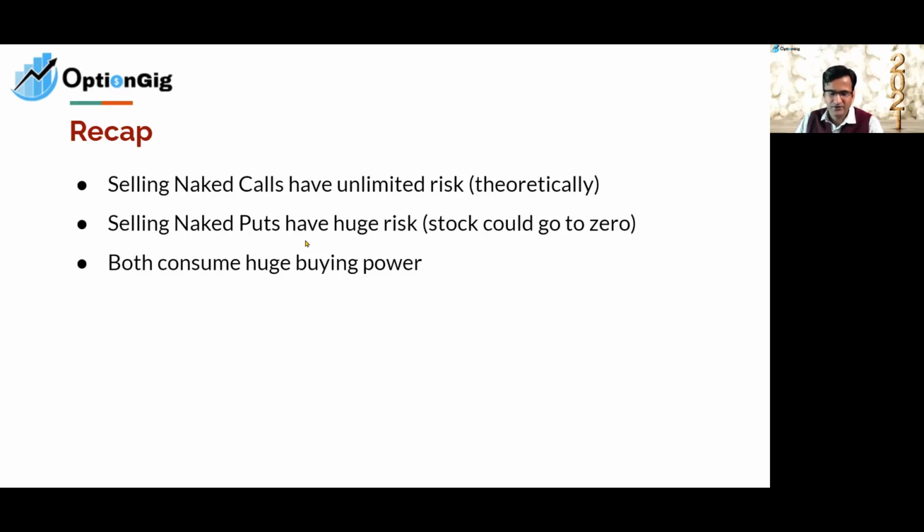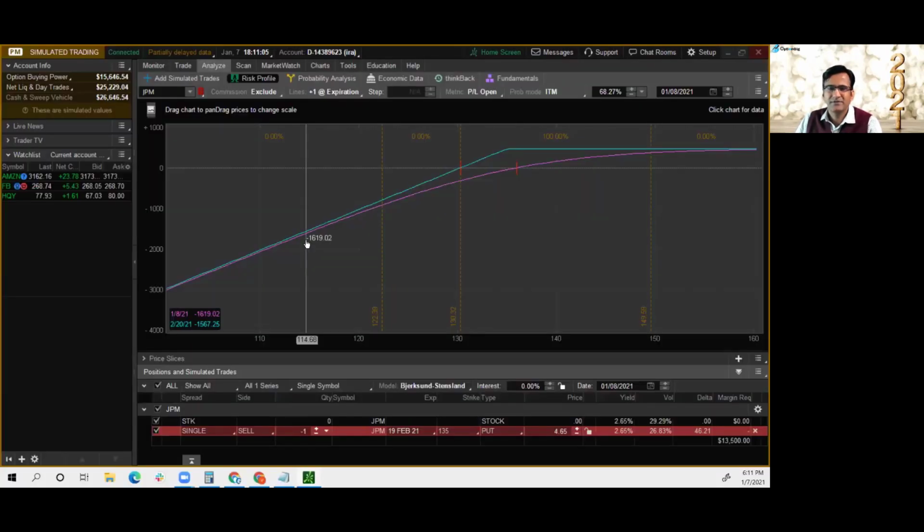But in this case, if you are bullish on JP Morgan and you want to do this trade, it will block $13,500 for this trade. Now, if your overall portfolio value, overall cash you have, is only $20,000, then you're stuck.